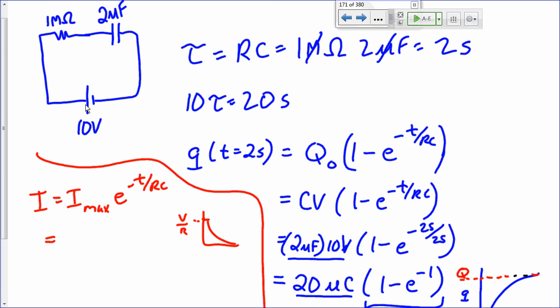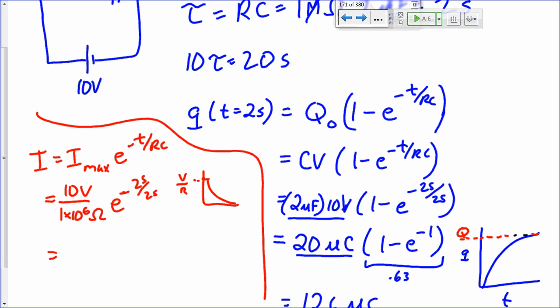That's 10 volts over 1 times 10 to the 6 ohms. Here I do have to convert it into SI units because you don't have a mega and micro to cancel out. So it's e to the minus 2 seconds over 2 seconds.